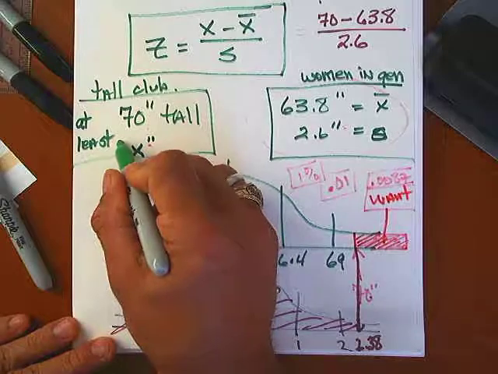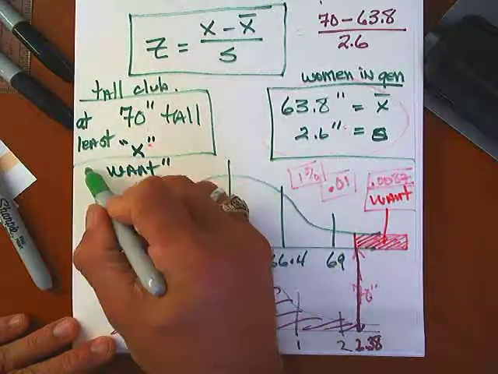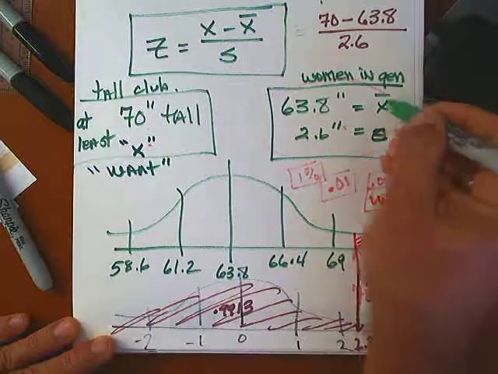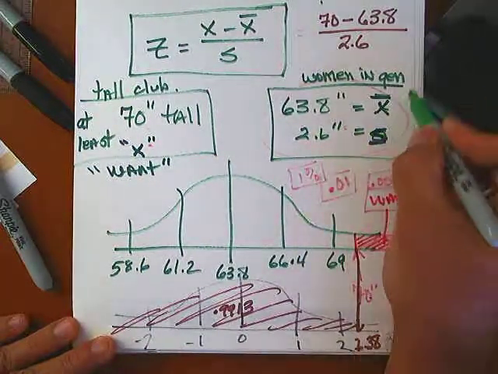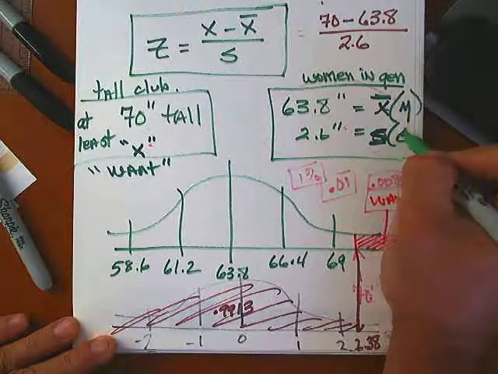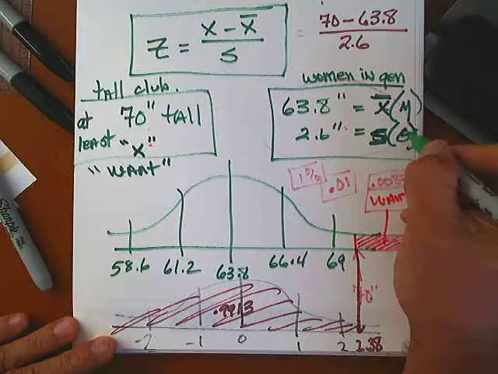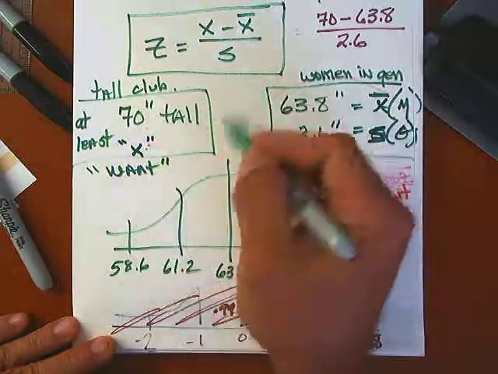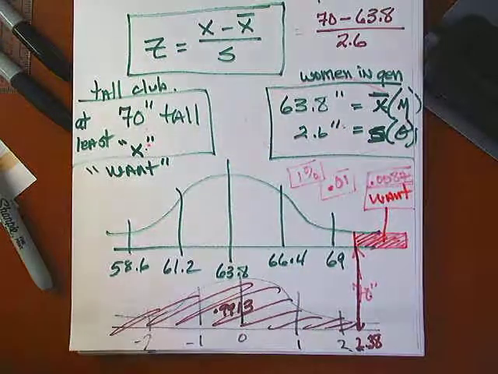So this area in red is 0.0087, which is about 0.01, which is 1%. So how many women are going to be able to join this club, given this statistic? 1%.